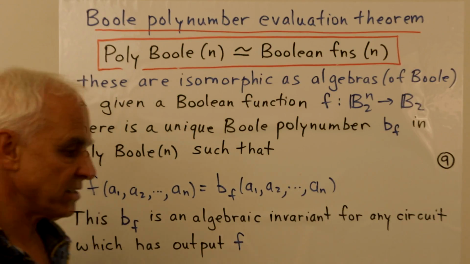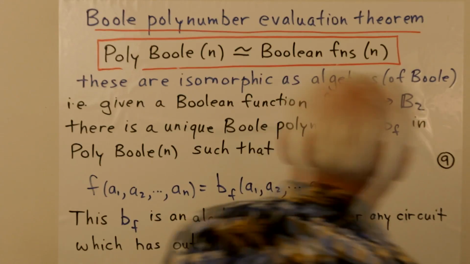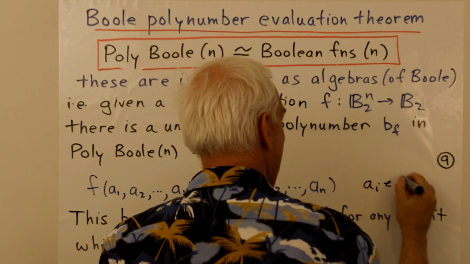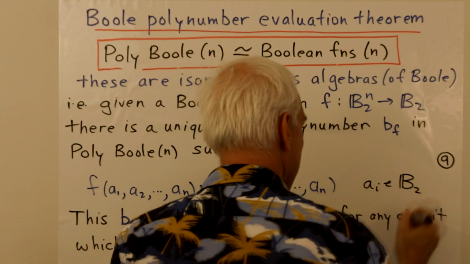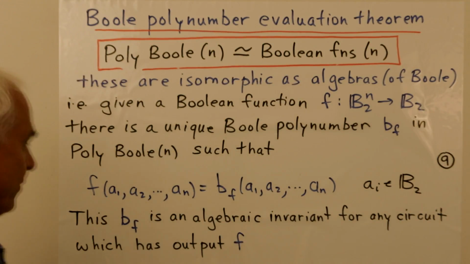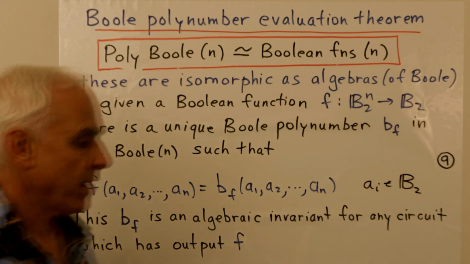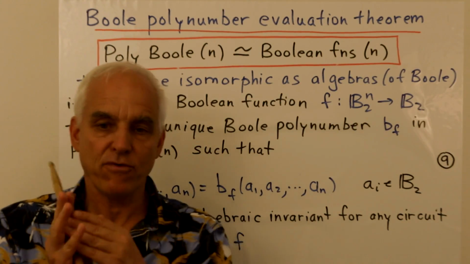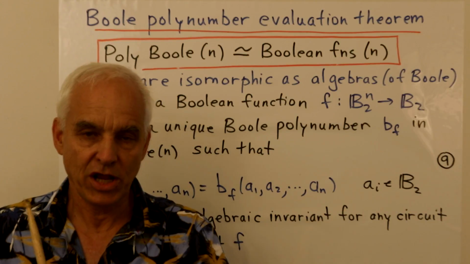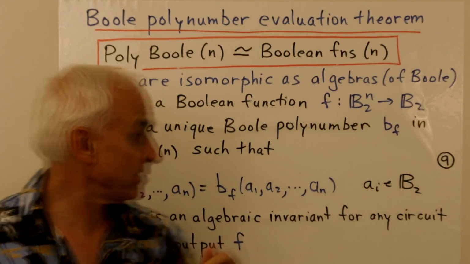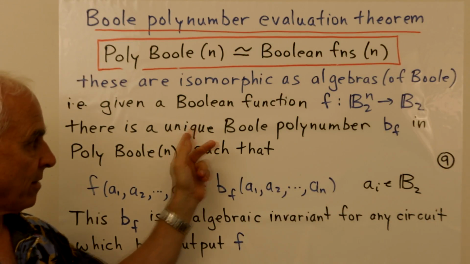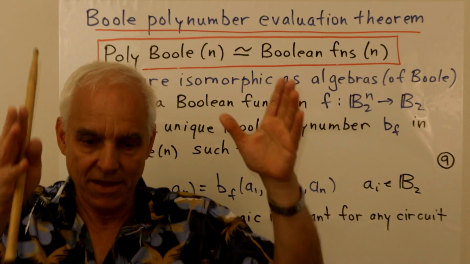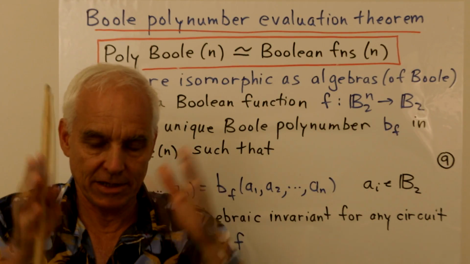Where the ai's, maybe I should say, all belong here to our bifield. So this is great. So for every Boolean function, there is a unique Boole polynumber.